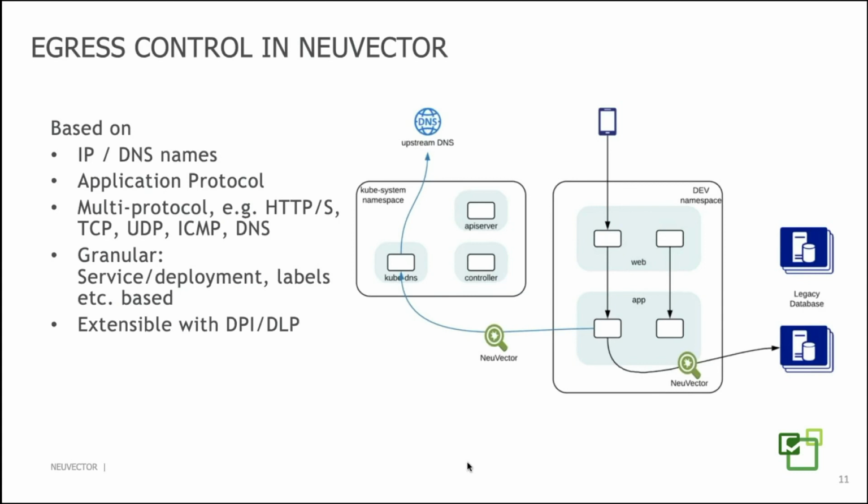You can base your egress control rules, and really any network rules, not just on IP addresses or target host names, but also on the container service or deployment names, labels, or other arbitrary groups, including groups of namespaces. A label is an important one.